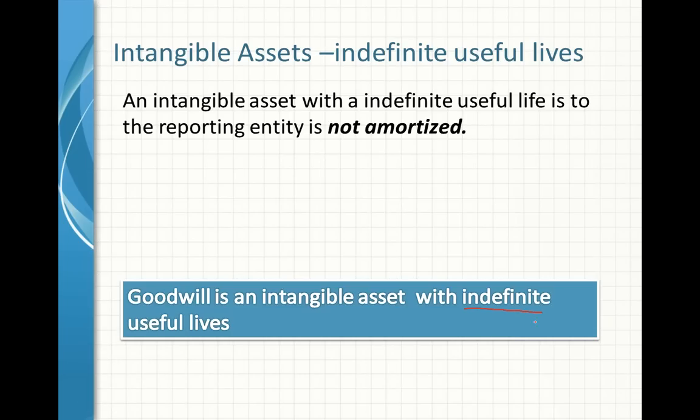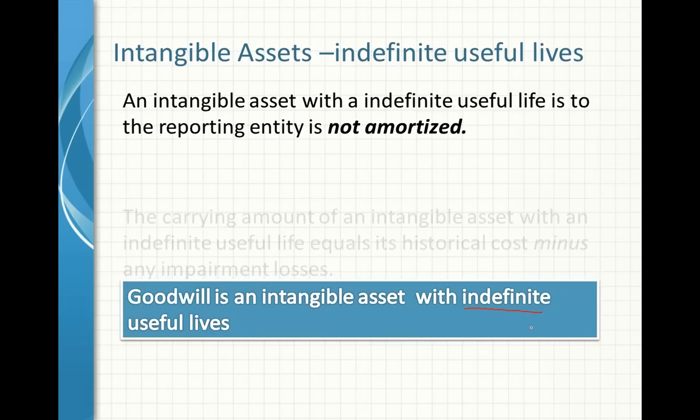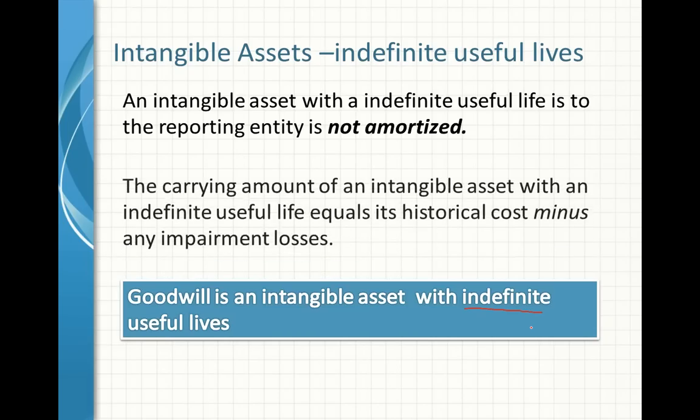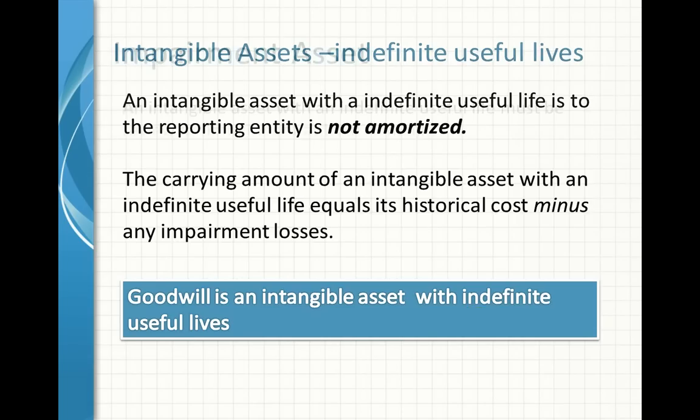Goodwill is nothing but reputation. Nobody says that reputation is to be depreciated. It is a bad remark. Unless the company faces some issues or losses, they cannot depreciate or amortize goodwill.